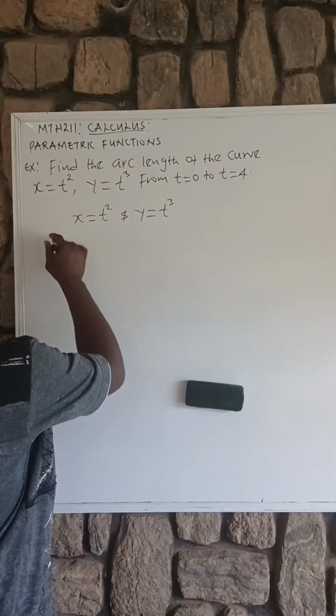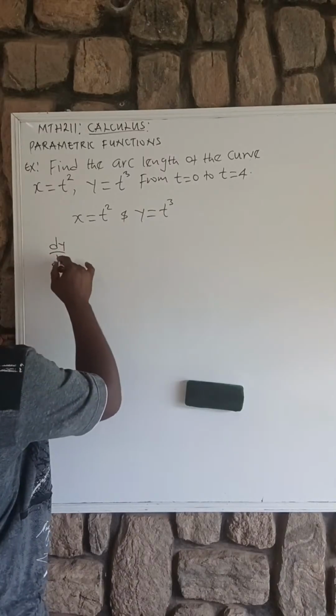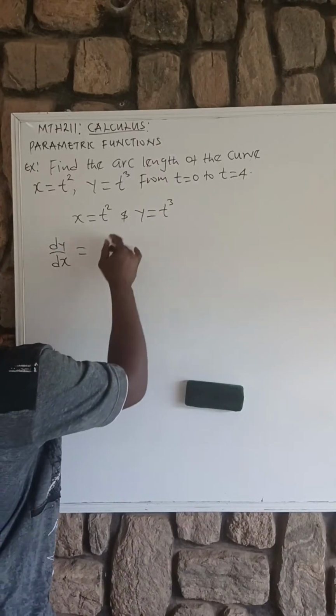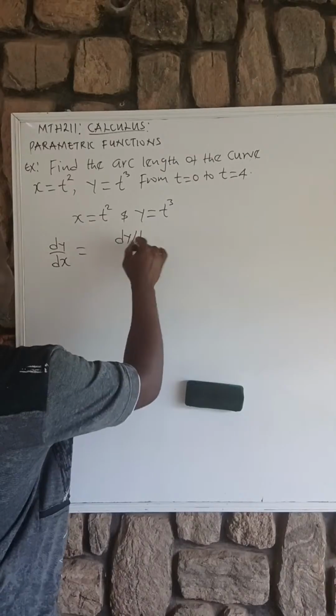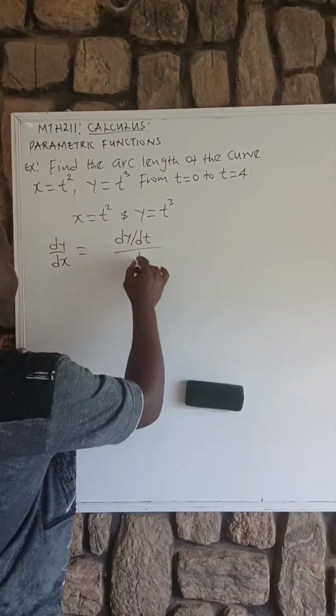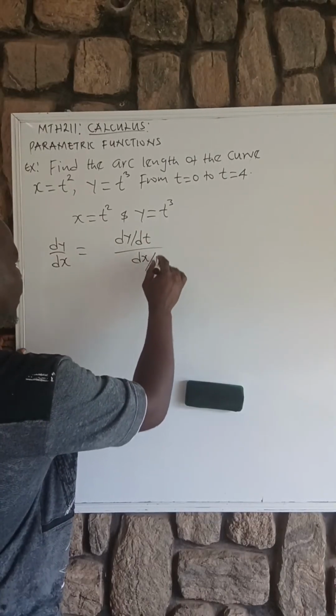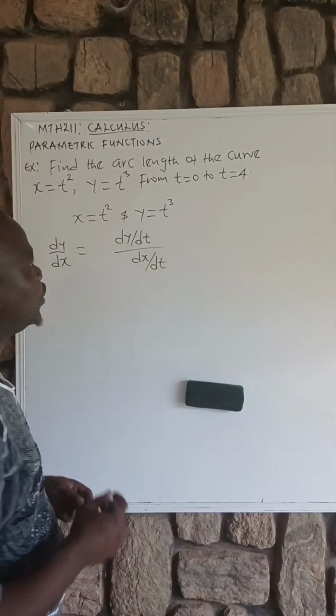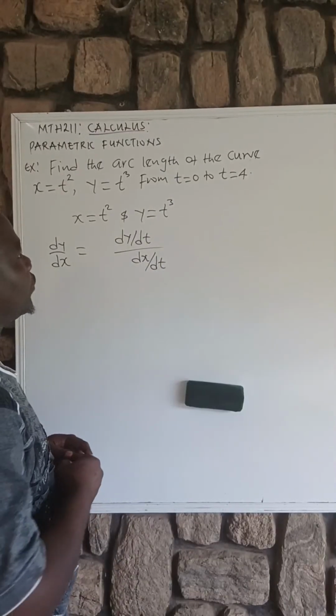Then the formula, dy over dx, is going to be dy over dt divided by dx over dt. Is that clear?